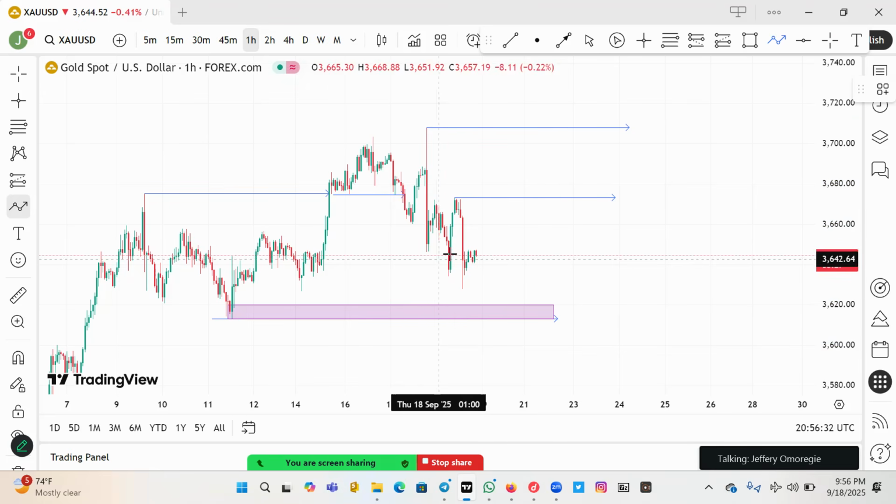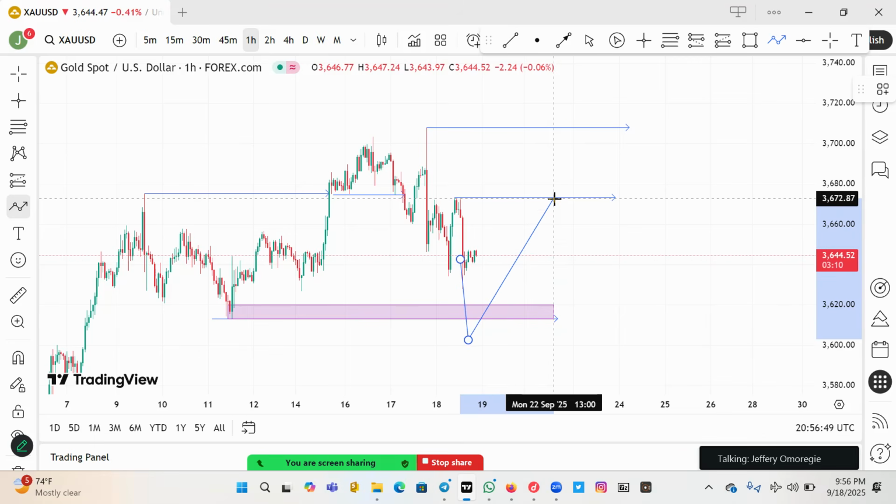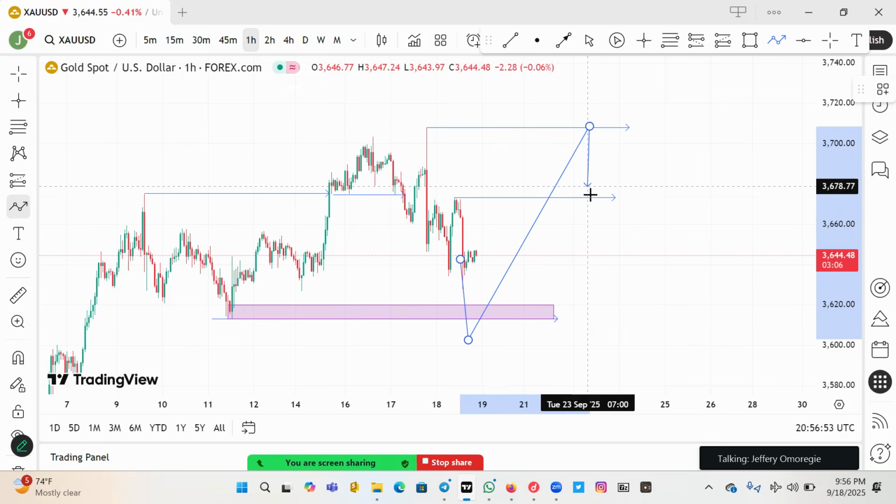So, as market is moving down, let's say our disruption gets taken out, right? So, we'll be looking for ways to sell, and we'll be selling at that downtrend inducement and that downtrend disruption. So, we'll be expecting the market to get to this inducement or this disruption and sell off to the downside.